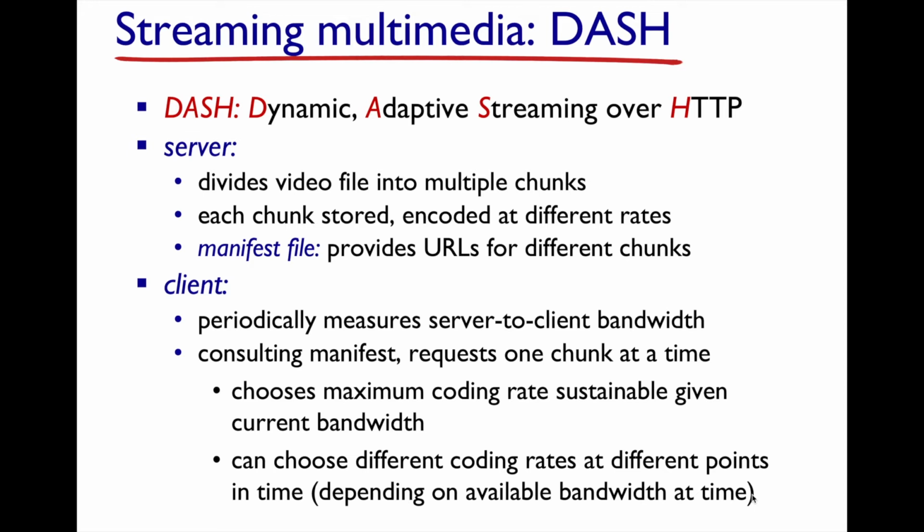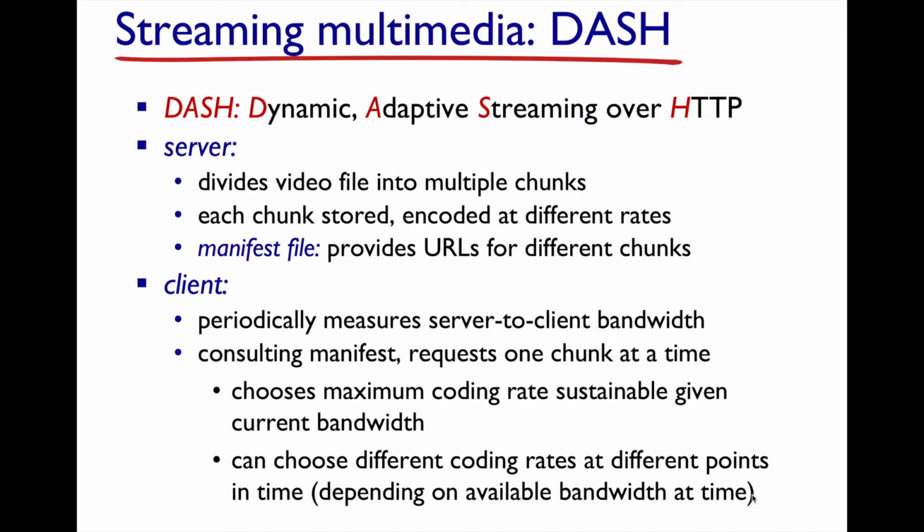So what DASH does, it provides a mechanism to allow the client to switch to a different resolution video, a more compact coded version of these blocks of the video. And now your client can switch between the high resolution and the low resolution in order to adjust, if you will, to any sort of changing conditions in the end-to-end throughput of the pathway between the origin server and the client. So let's take a look at DASH.